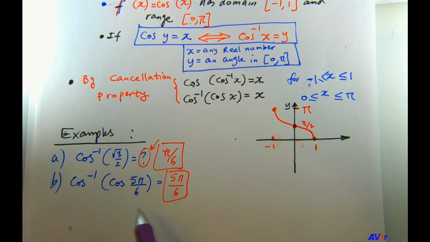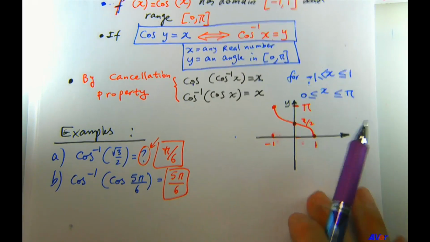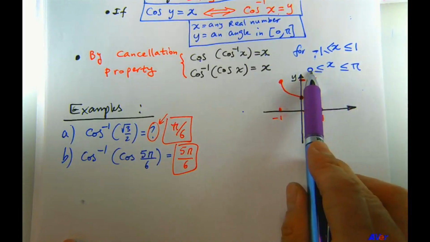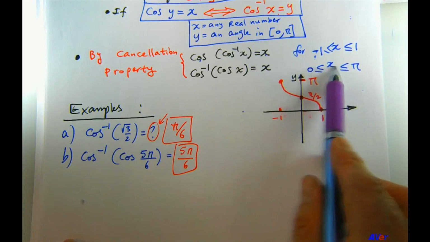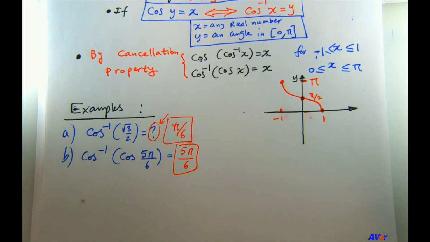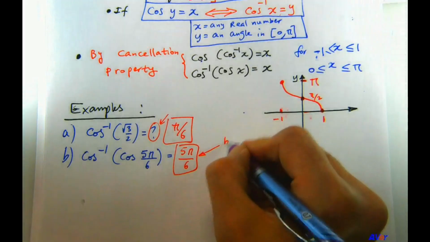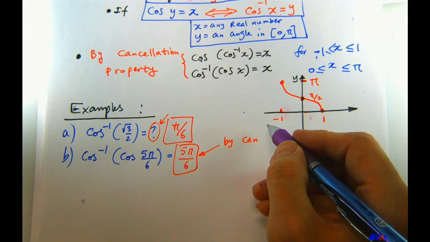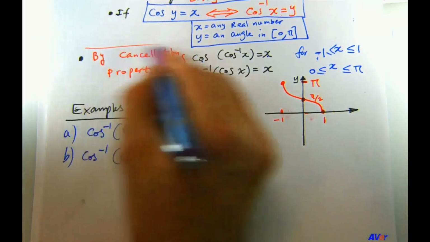Note that we can do this right away because 5 pi over 6 is within this range of x values, right? If it wasn't, we'd have to break this up, like we did with 10 pi over 3, remember, for the sine function. In this case, we don't have to do that, so we can just write this by cancellation property, which is that one.